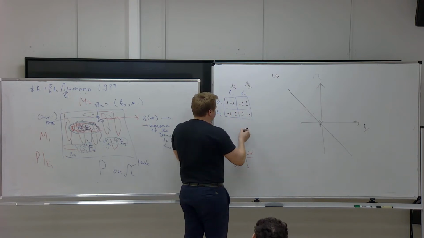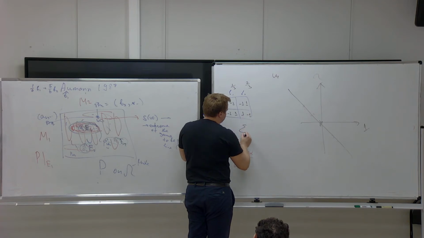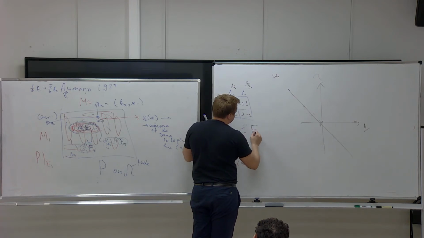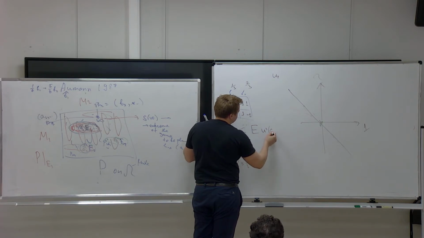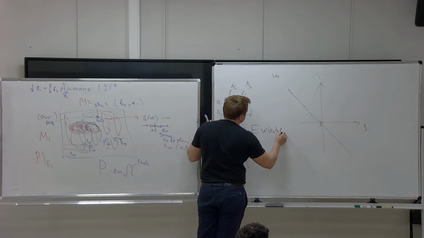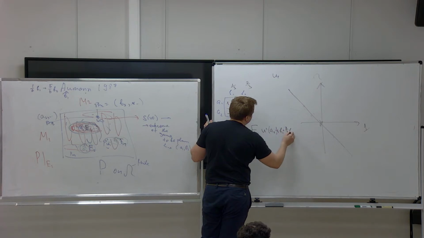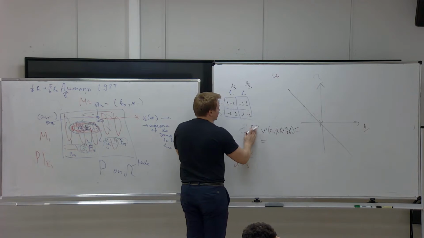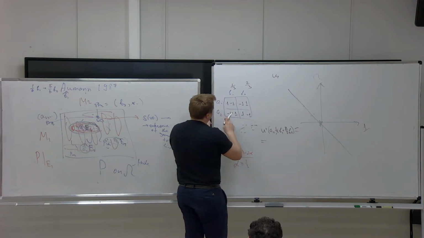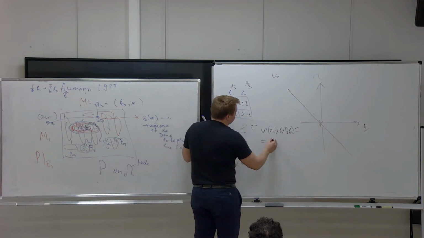Okay, so my expected payoff, the expectation of U1 conditional on playing A2 against 1/3 B1, 2/3 B2, is just minus 1/3 plus 2/3, which is just 1/3.